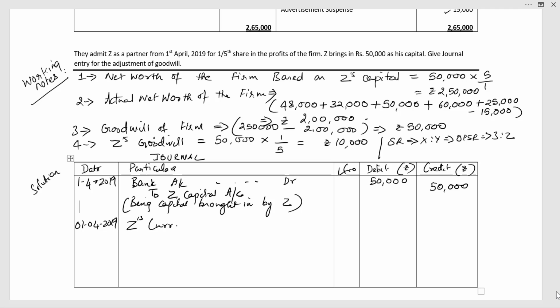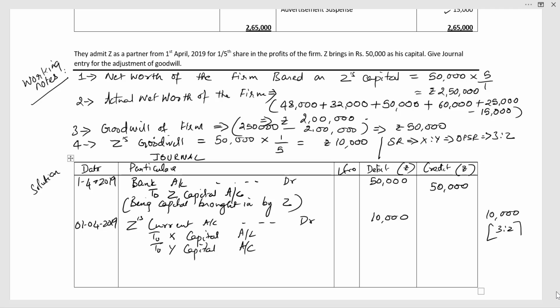Z's current account debit, ₹10,000, to X capital account, to Y's capital account. 10,000 to be divided in sacrificing ratio 3:2: rupees 6,000 against X and rupees 4,000 against partner Y, being goodwill adjusted on the admission of partner Z.